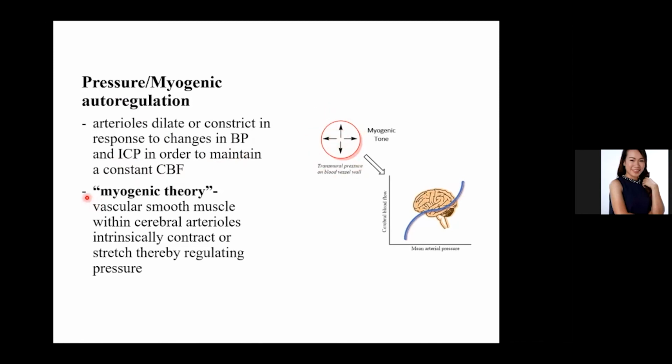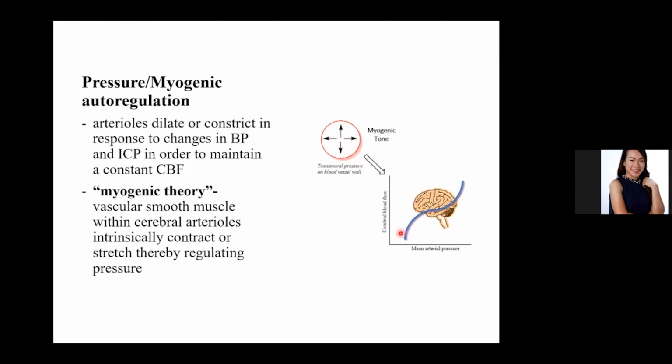In the myogenic theory, class, vascular smooth muscle within the cerebral arterioles intrinsically contract or stretch by regulating pressure. So for example, there is an increase in intracranial pressure. When the intracranial pressure increases, class, these blood vessels will constrict so that there will be a decrease in cerebral blood flow, because we would like to have autoregulation, right?